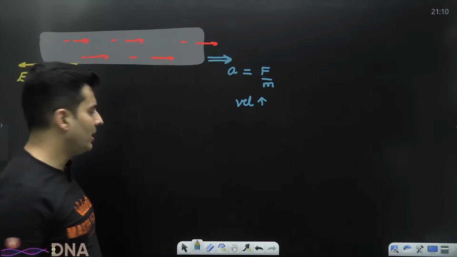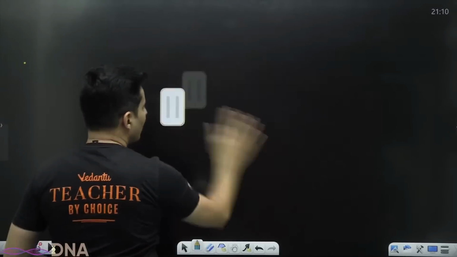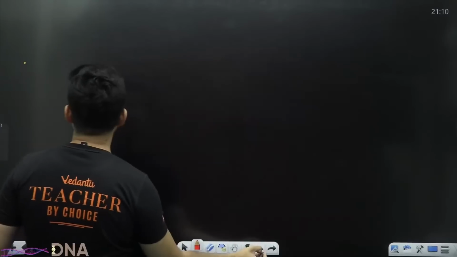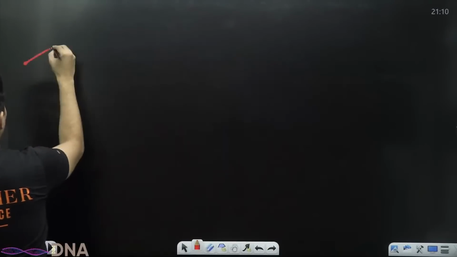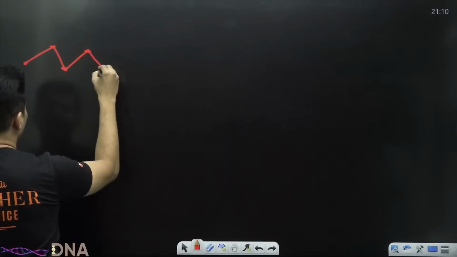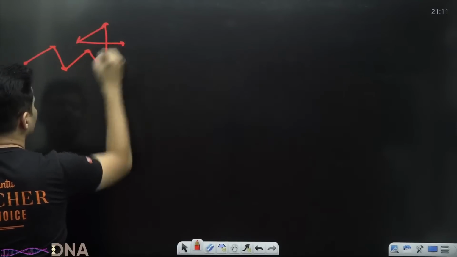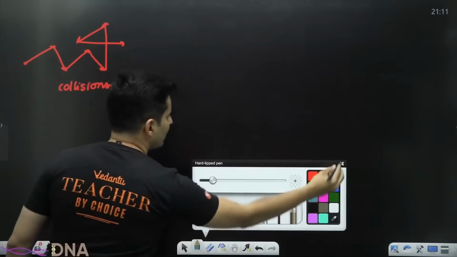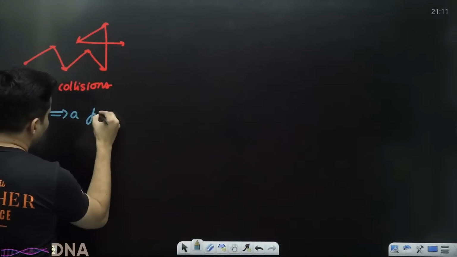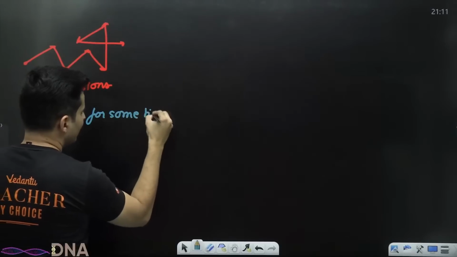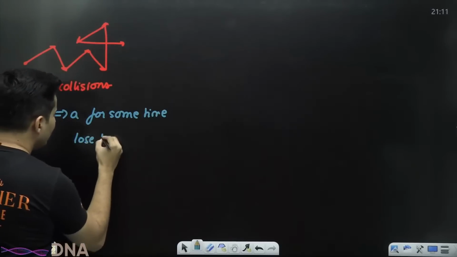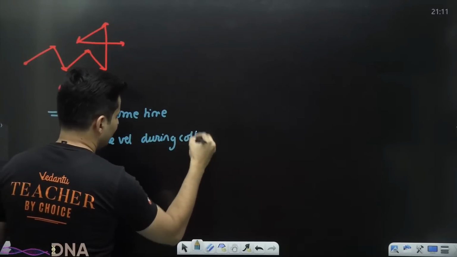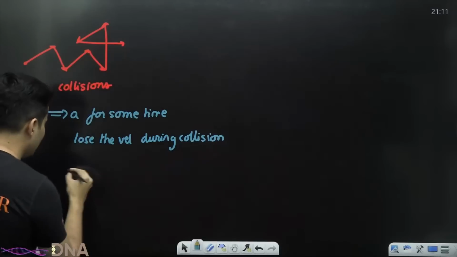Why doesn't it happen like that? Because these electrons don't just go in a straight line continuously; rather they continuously collide with different atoms, other electrons here and there. So because of collisions, there is acceleration for some time, then they lose the velocity during the collision, and again repeat the process.